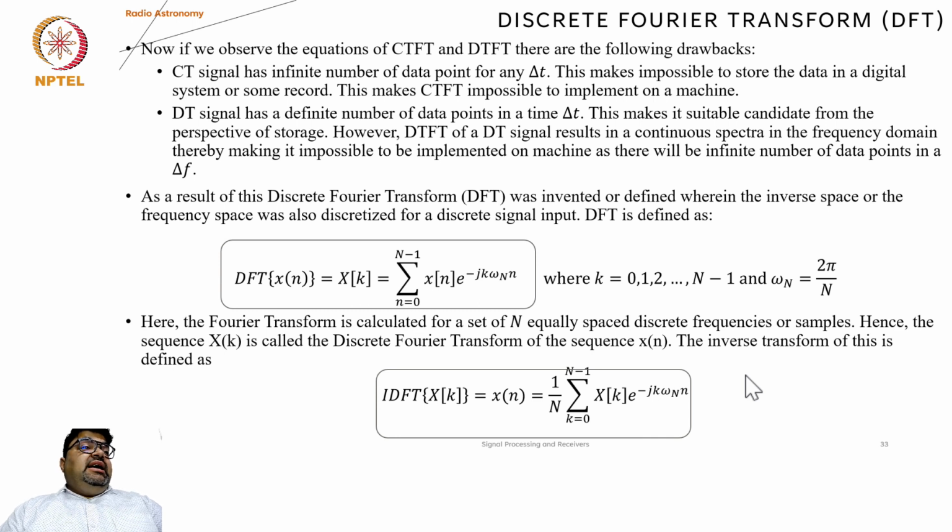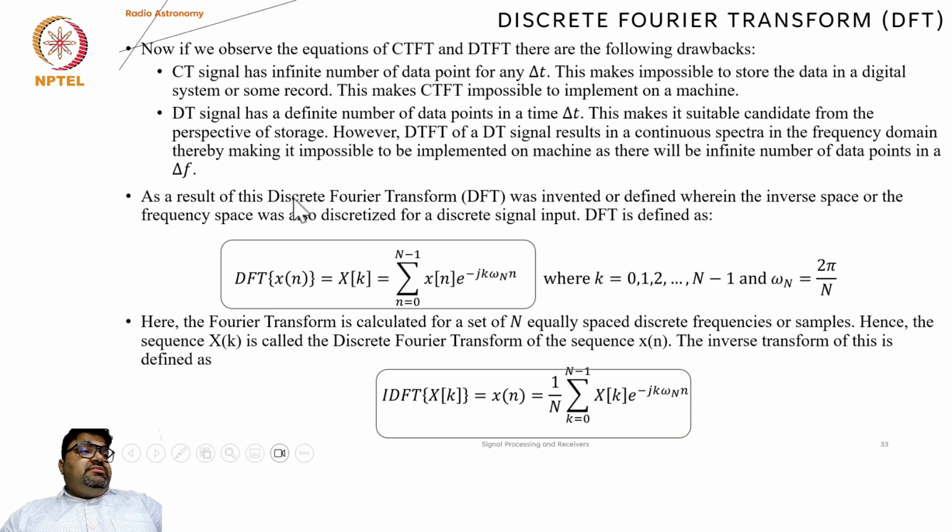A discrete time signal has a definite number of data points in a time delta t. This makes it a suitable candidate from the perspective of storage. However, the DTFT of a discrete time signal results in a continuous spectrum in the frequency domain, thereby making it impossible to be implemented on a machine.